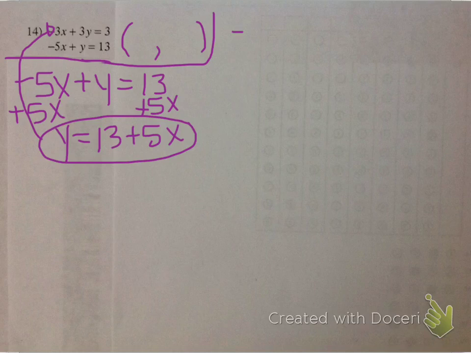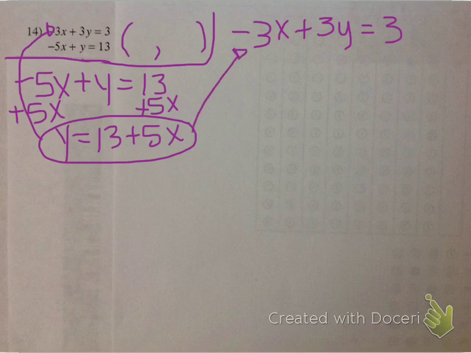So I'm going to copy my equation, then I'm going to take my value for y and put it in there. Okay, negative 3x, make sure my negative is nice and big so I don't forget it, plus 3 open parentheses, then I can put the y in there, so 13 plus 5x equals 3.